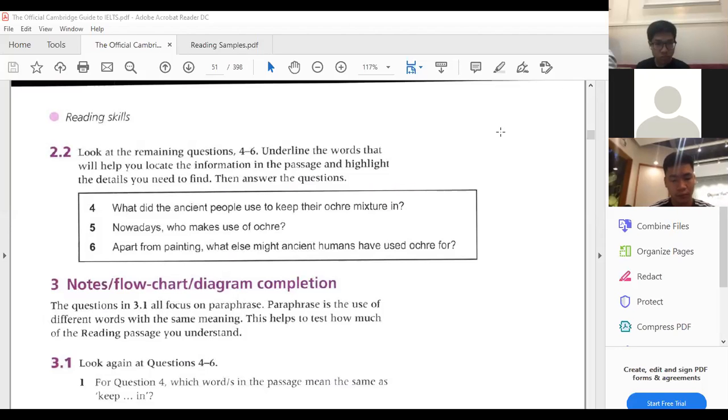Number 1, what did ancient people use to keep their ochre mixture in?